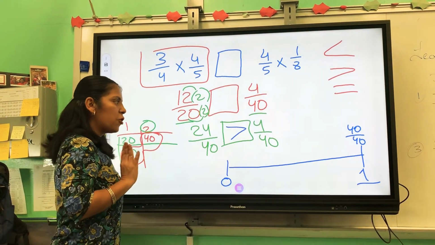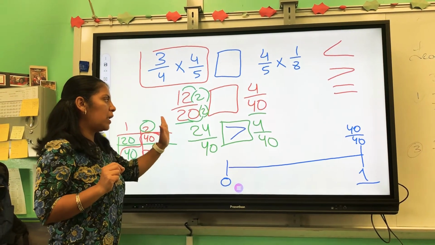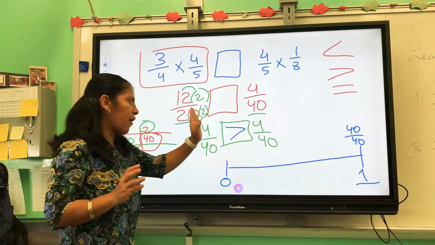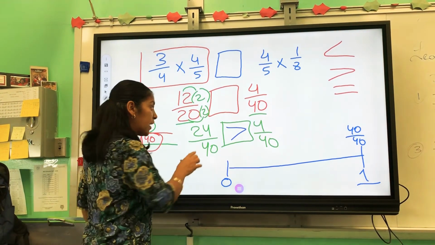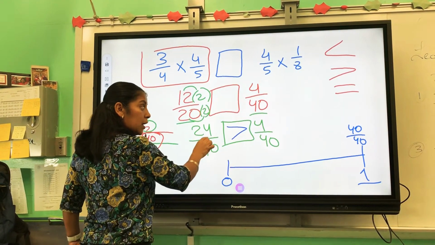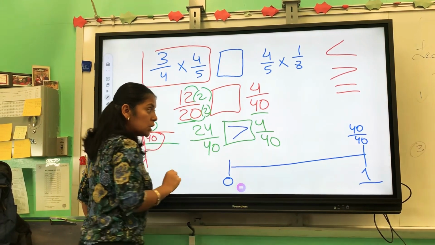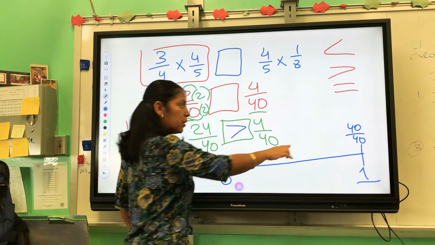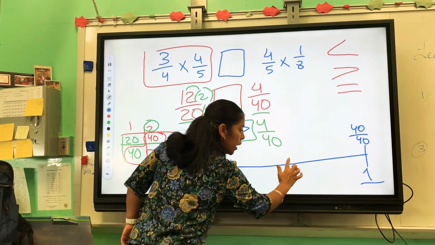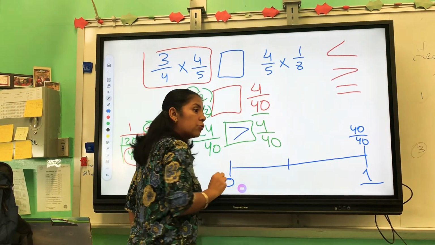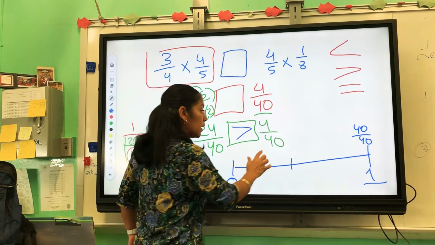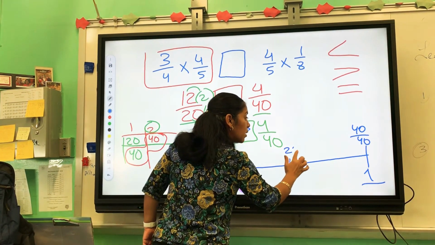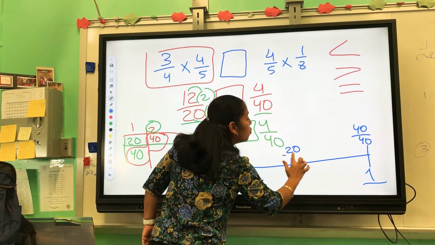And what we have learned already, I'm going to place each of these fractions on my number line, because I want to prove that 24/40 is greater than 4/40. So what I'm going to start with, if this is 40/40, which is 1, this here will be equals to, who would like to tell me? 20/40, is that right? Oh, okay, very good.